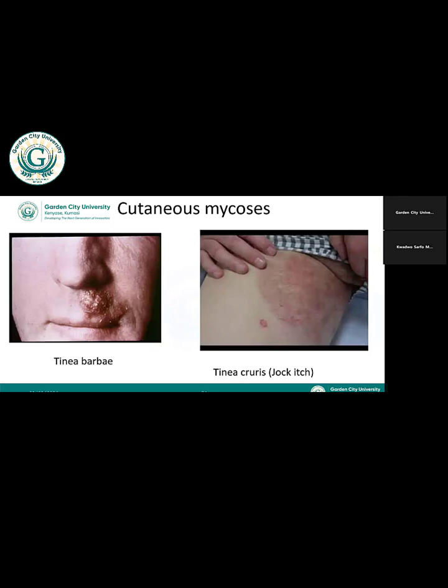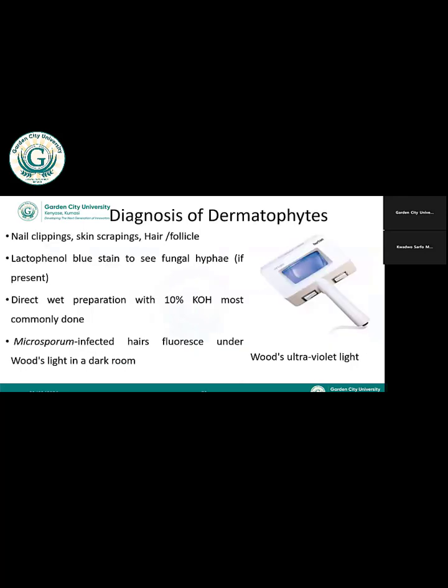So when it comes to diagnosis, because they affect the skin, the nails, and the hair, samples can be taken from the affected areas, and then you can apply lactophenol blue stain in the lab and observe under the microscope, and the hyphae, the branched parts of the fungal cells, will show the stain, and then they confirm as positive.